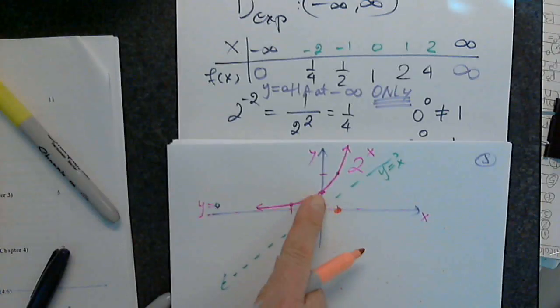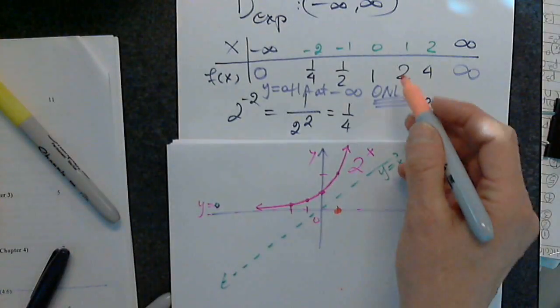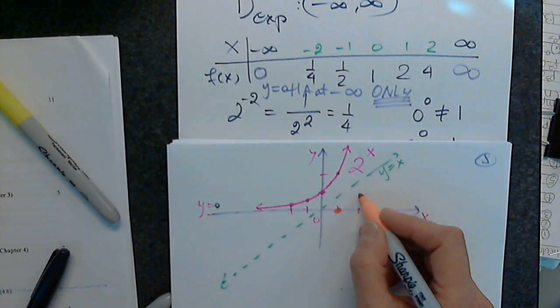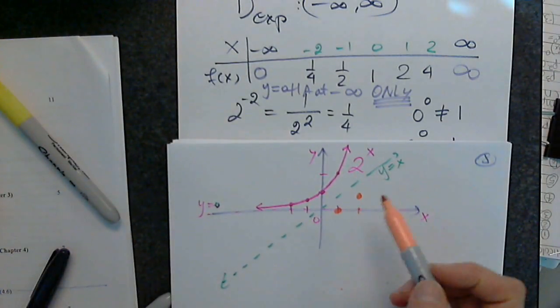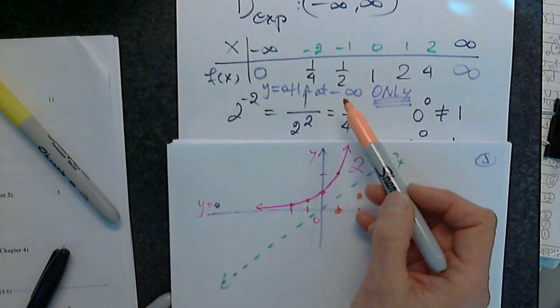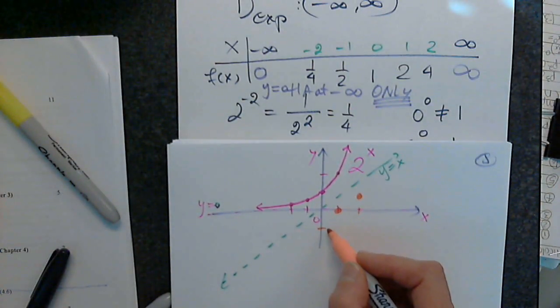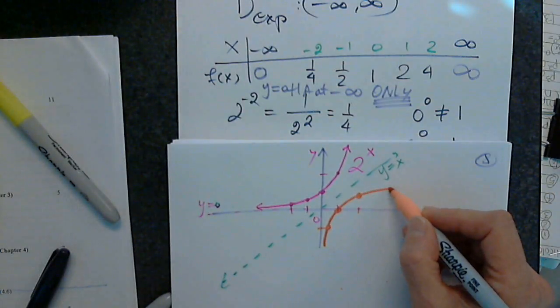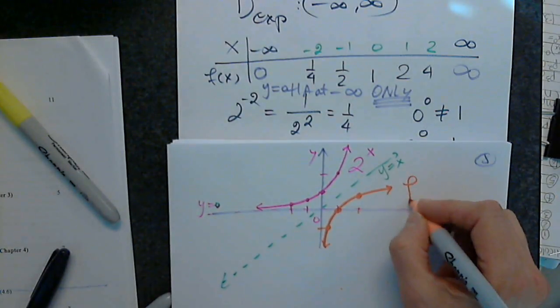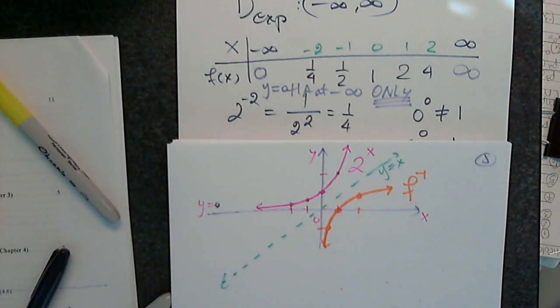It's a reflection of this point with respect to y equals x. Awesome. 2, 1. Okay, let's also go this way. So let's say 1/2, negative 1. That will be the inverse function.